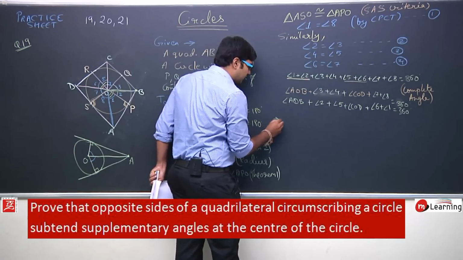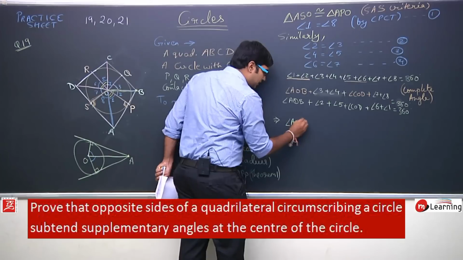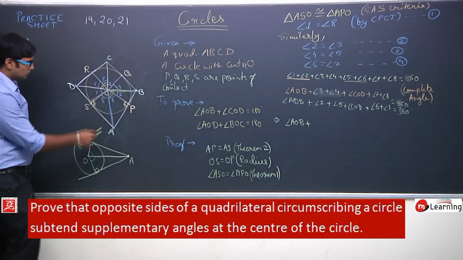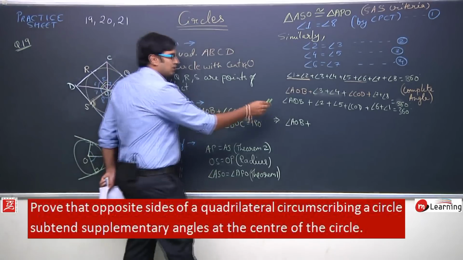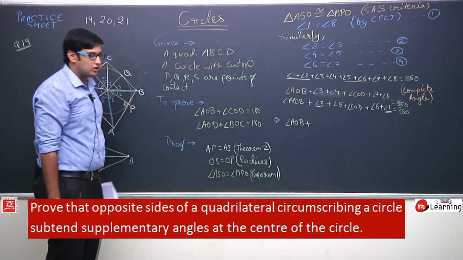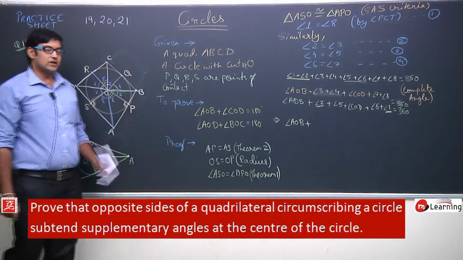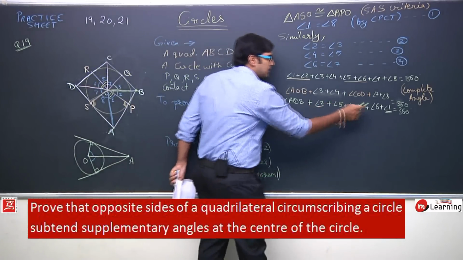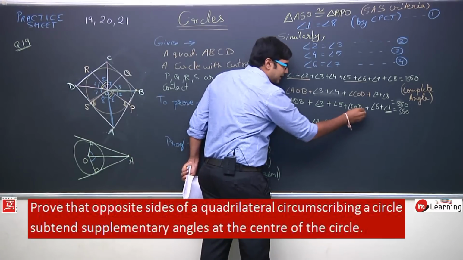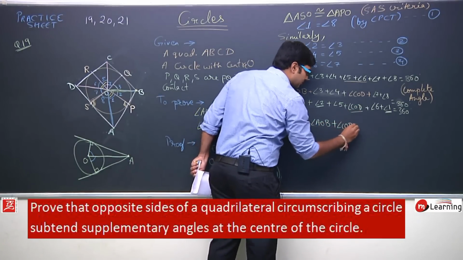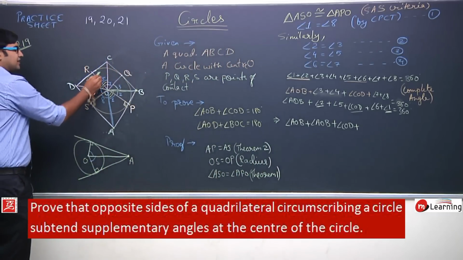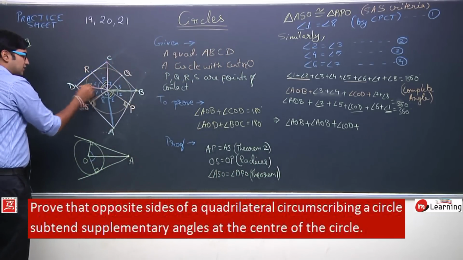Now observe it very carefully. What is angle 1 plus angle 2? Angle 1 plus angle 2 is equal to angle AOB. So in place of angle 1 plus angle 2, I can write angle AOB, plus angle COD as it is, plus in place of angle 5 and angle 6, the sum of angle 5 and angle 6 will be angle COD.